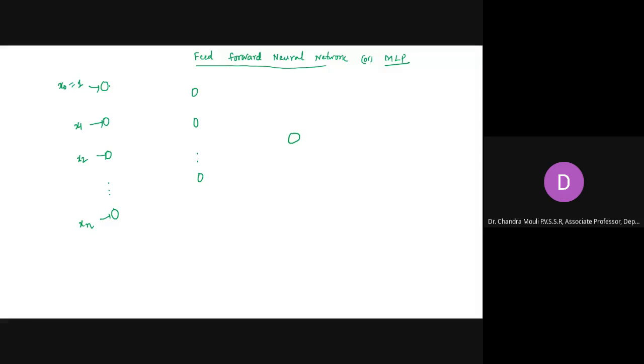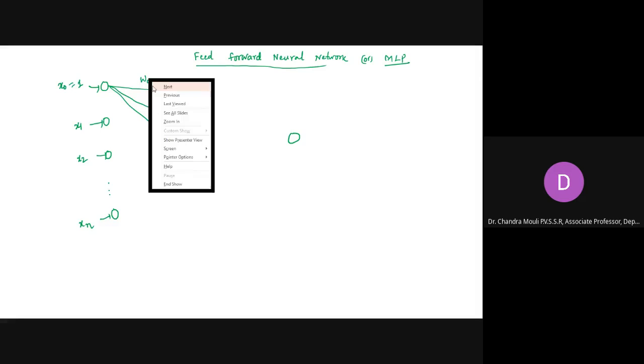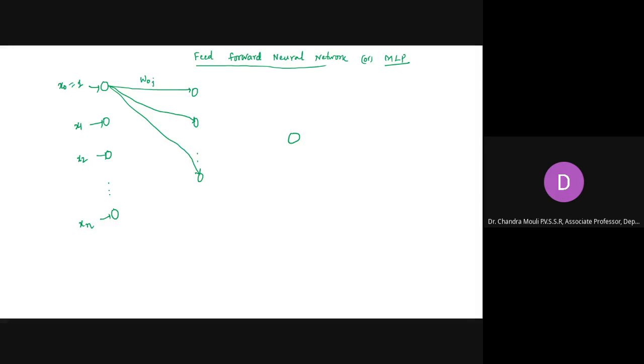And from every neuron here, you will have connections to each and every neuron in the next, adjacent layer. So these weights we call Wij, where i represents the neuron in the previous layer and j represents the neuron number in the next layer. So like this, you have the connections.